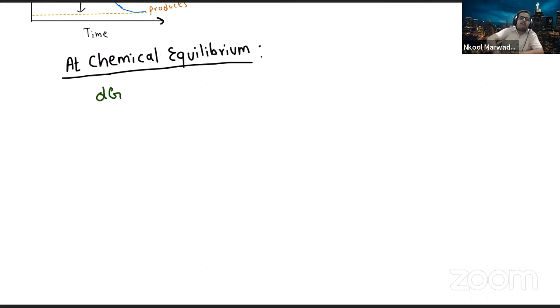At chemical equilibrium, no change in free energy will occur because no net product will be created, and hence no free energy of the system will be utilized. Whatever free energy is utilized, the same amount is given back in the reverse direction. So no net free energy is utilized, and hence the change in free energy will be zero.